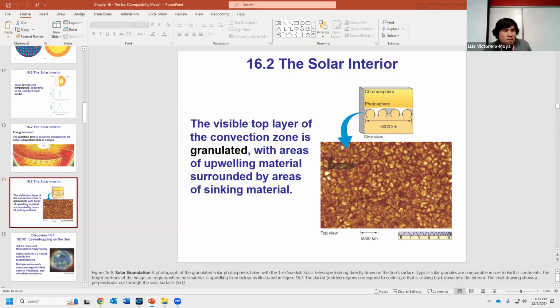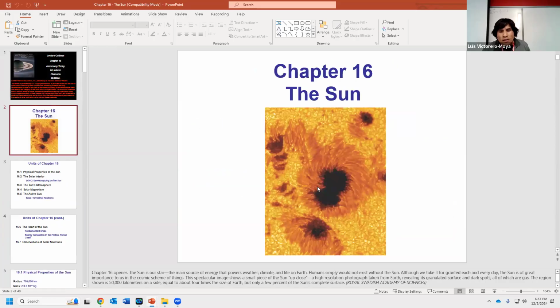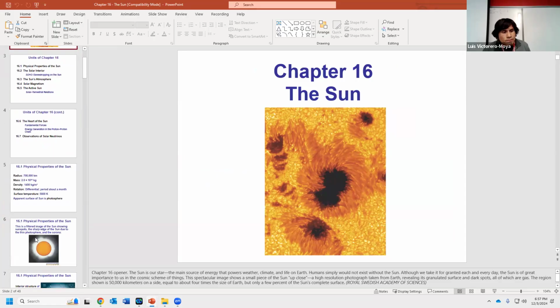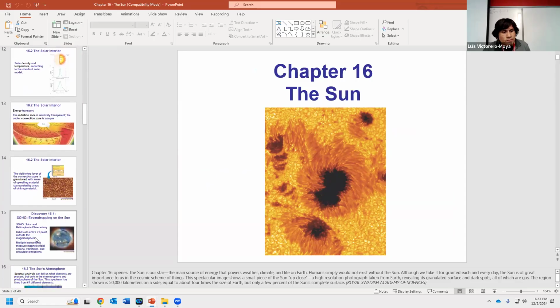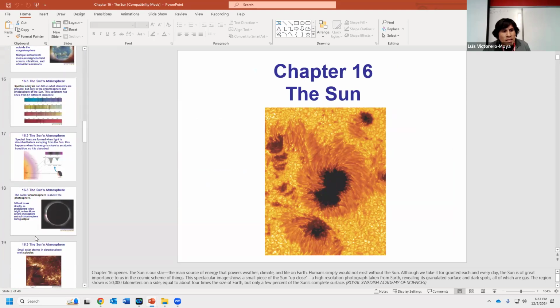On this area is where you actually observe this. Do you guys know what this is? I mean, yeah, you should know. That's a sunspot, right?